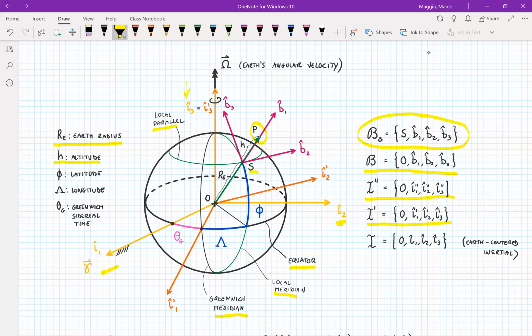Go back to lecture 2 and you'll see which one I'm talking about. It's still centered at the center of the Earth, and it shares the same Z or I3 axis, I3 equal to I3 prime, with the Earth fixed, but it rotates with the Earth. So it's fixed with the Earth.